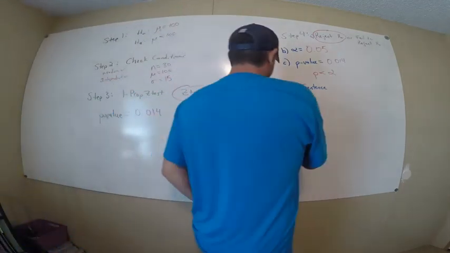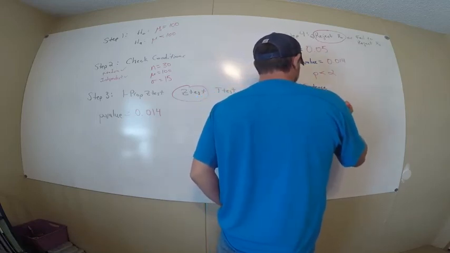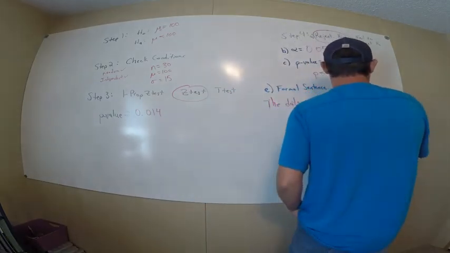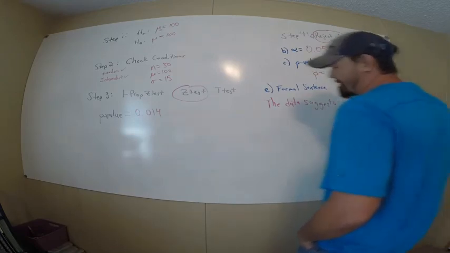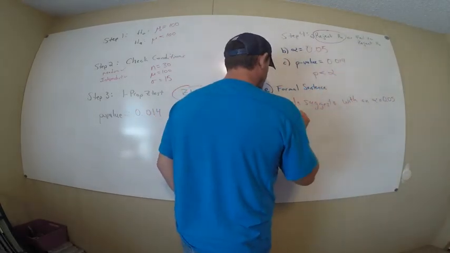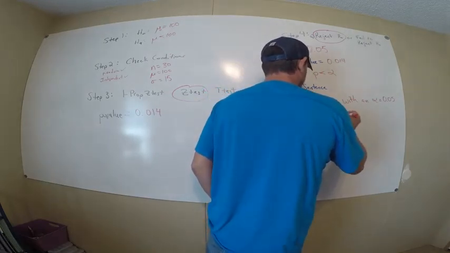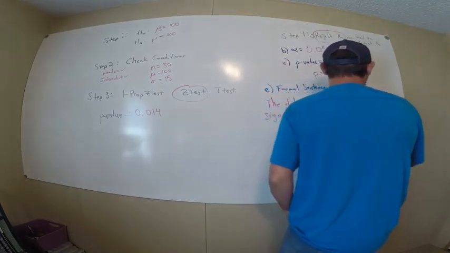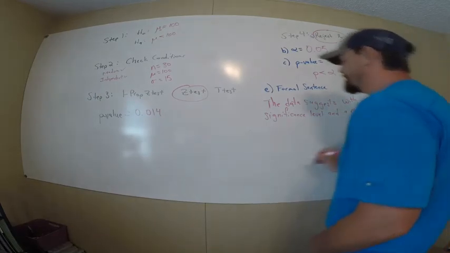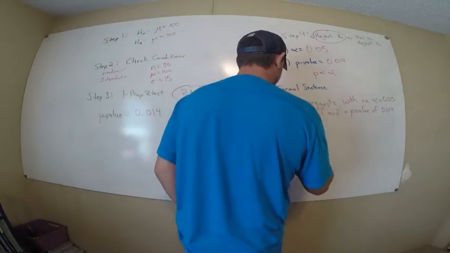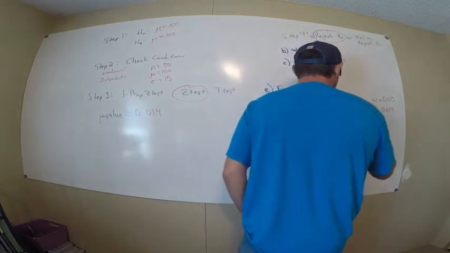So the data suggests, with an alpha equals 0.05 significance level, and a p-value of 0.014, that I reject the null hypothesis.